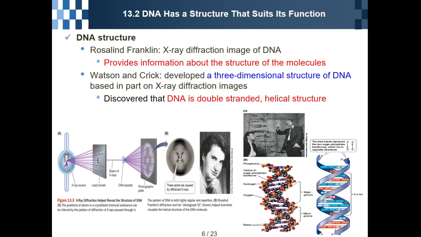Nowadays, we know that X-ray is very harmful to people. At that time, they didn't know. She did a lot of experiments without protection. Finally, she got cancer and died. Before Watson and Crick received the Nobel Prize, she died.